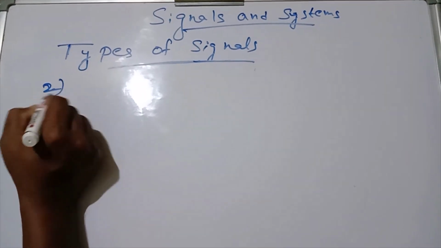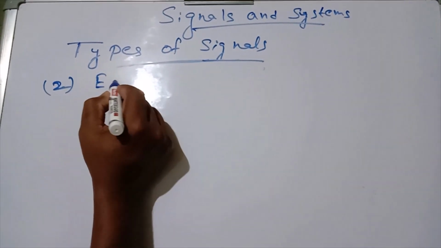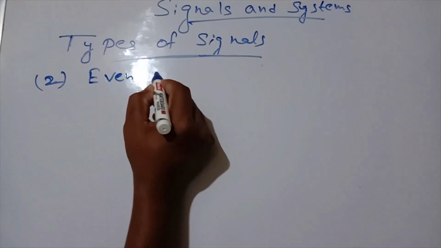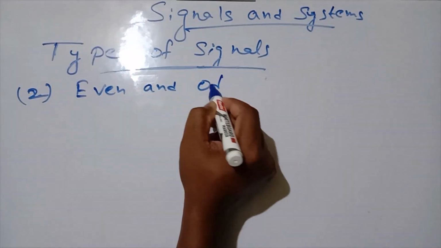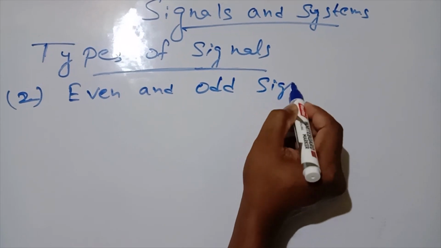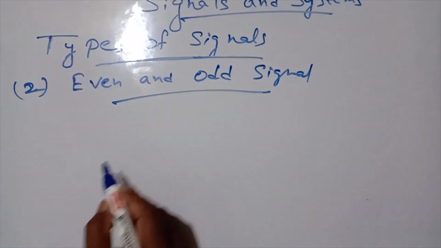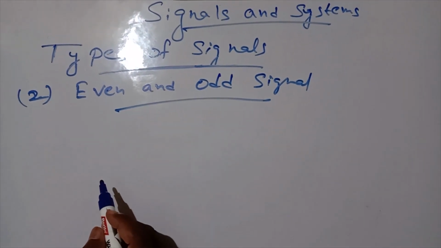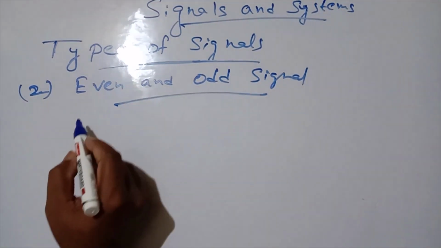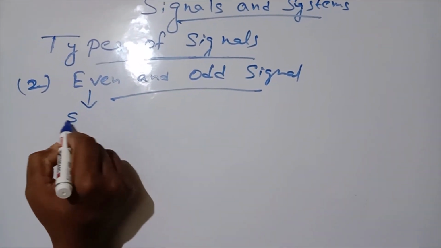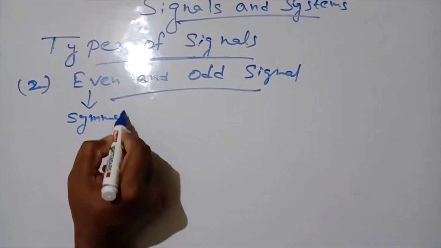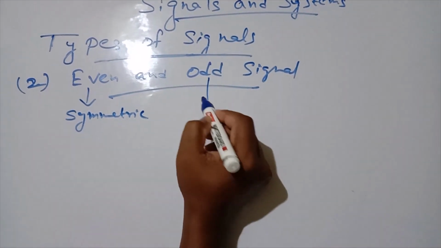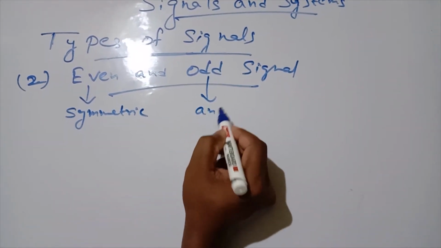Another important kind of signal is the even and odd signal. Sometimes even is also known as symmetric and odd as anti-symmetric.